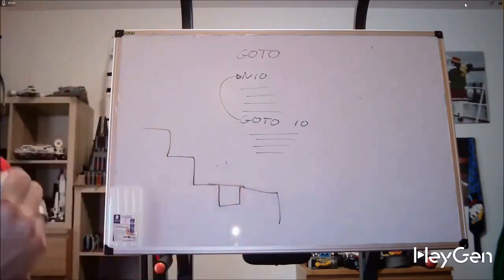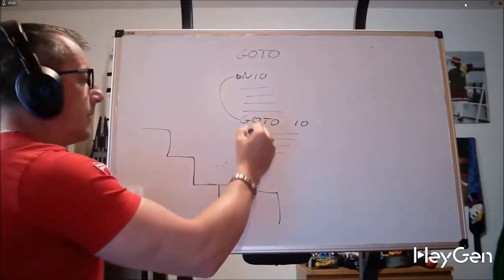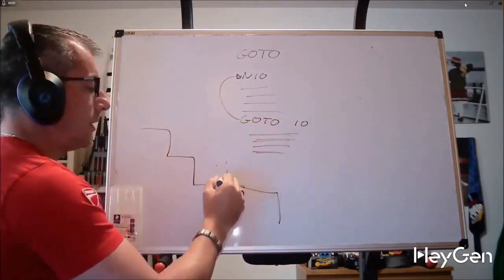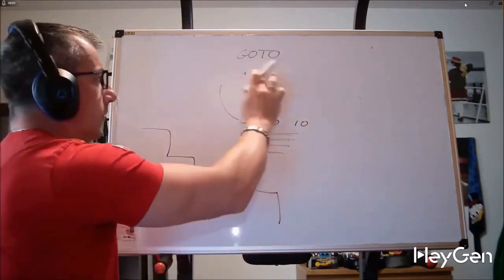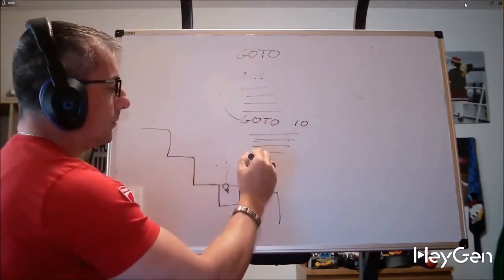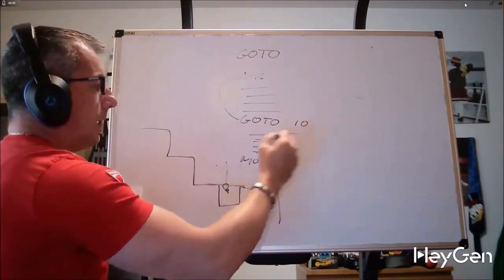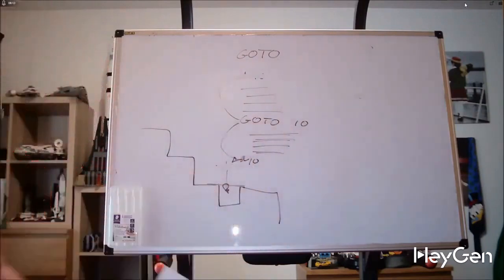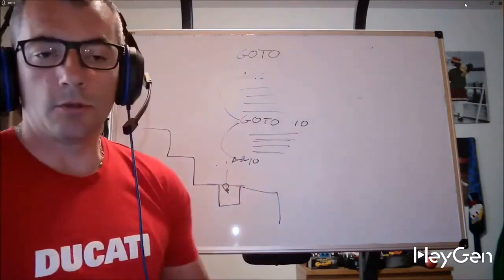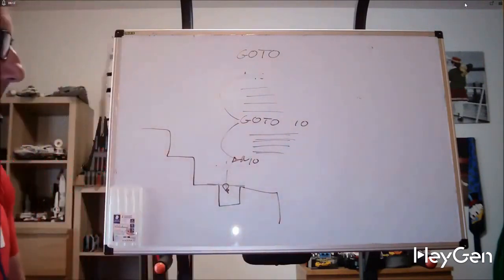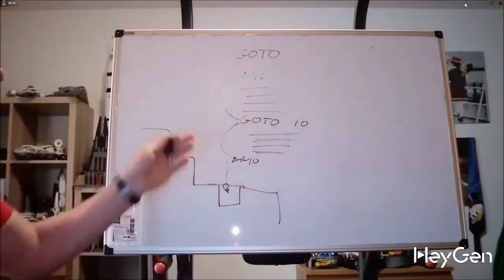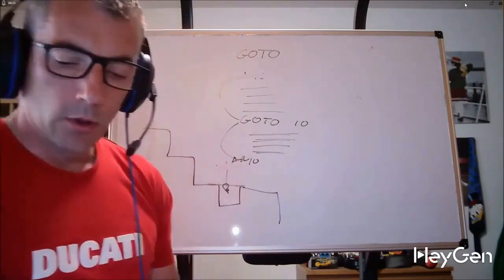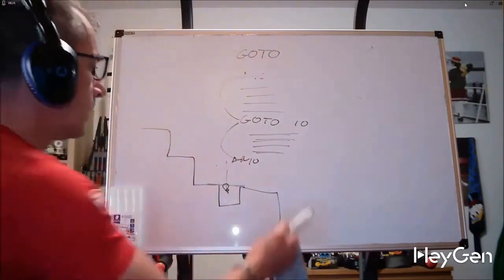I go to the section that tells the machine to do the throat. I write go to 10, and once that section is done, I write N10. The machine skips the throat and allows me not to modify the program, with just 2 lines. I avoid having to delete maybe a long piece of code, which in this case would be simple, but in some cases could be more complex.